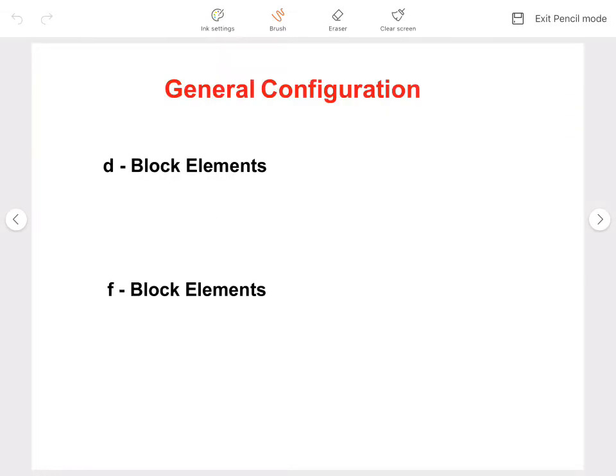So we'll study the properties. Let's begin with the general configuration of D block and F block elements. The general configuration of D block elements is (n-1)d 1 to 10, ns 1 to 2. Here the last electron goes in the penultimate shell, that is D subshell. (n-1) is the last but one shell, that is the penultimate shell.